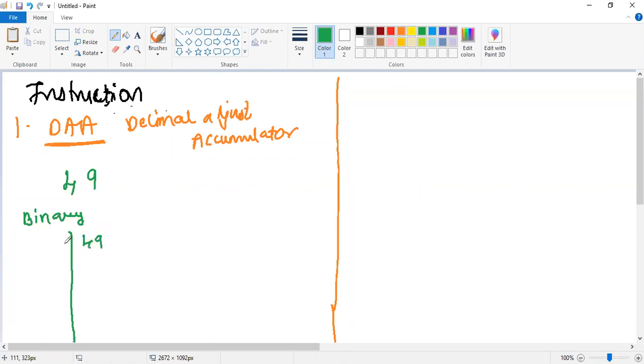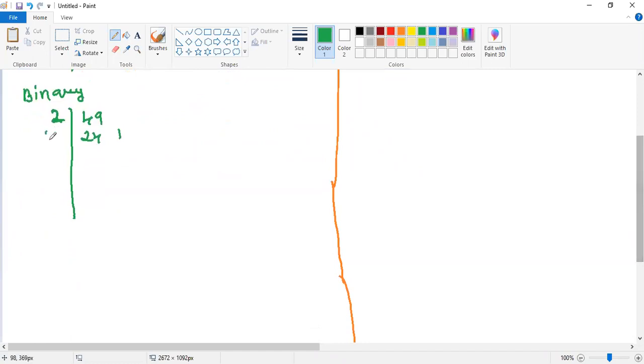I have told you before. We have to divide it by 2, and one more thing, you have to take the screenshot on your own. We divide repeatedly and write the remainders in the opposite way.